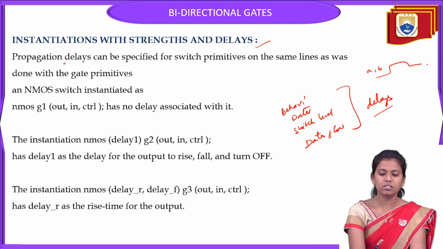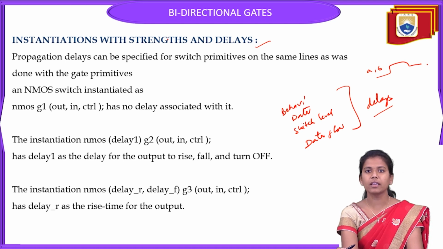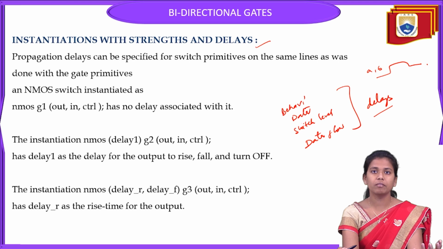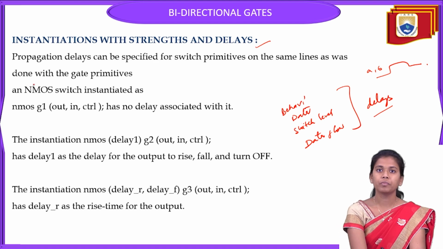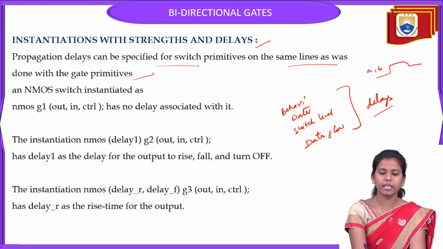So here, instantiation with strengths and delays. What are strengths? Strengths relate to the signal and how much delay it has. If the delay is maximum, the signal strength goes minimum. They are inversely proportional to each other. Here we'll see that propagation delays can be specified for switch primitives on the same line, as done with the gate primitives.